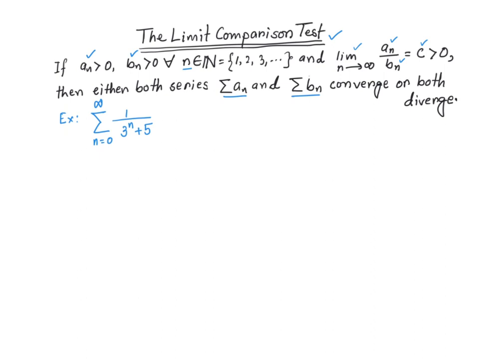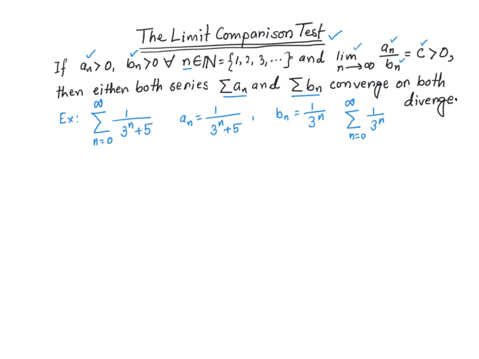Let's call my a_n 1 over 3 to the power n plus 5, okay? And let's call another sequence b_n, to be 1 over 3 to the power n, and the corresponding series is the summation n equals 0 to infinity of 1 over 3 to the power n.